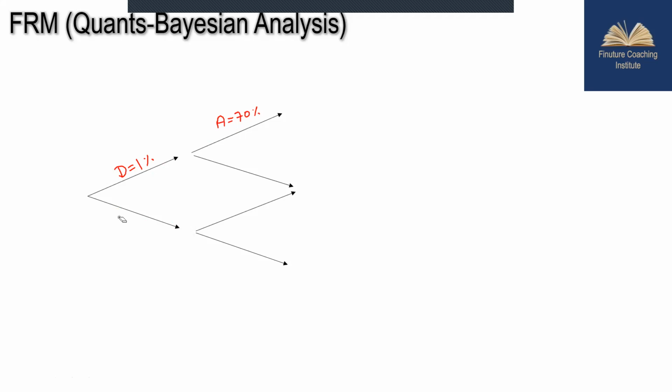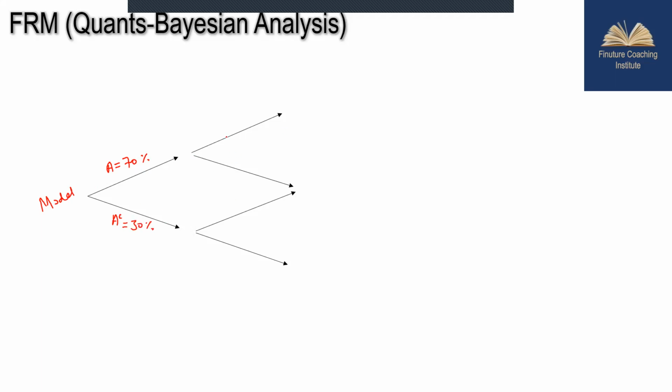The beauty of this binomial tree is you can get the correct answer via different ways. So say for example, when the analyst runs the model, the accuracy of that model has been given as 70%, and the chance that it would not be accurate is 30%.